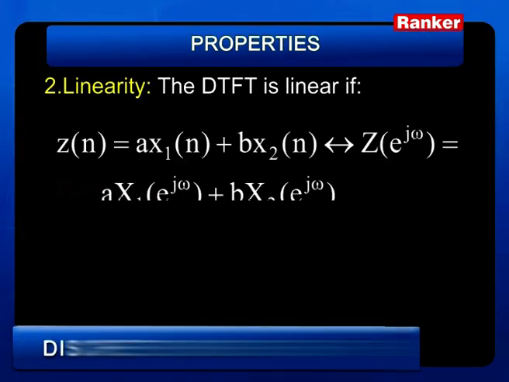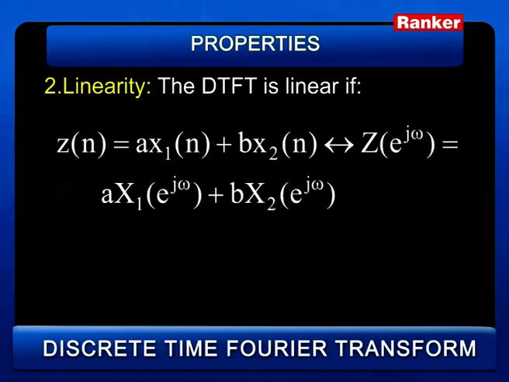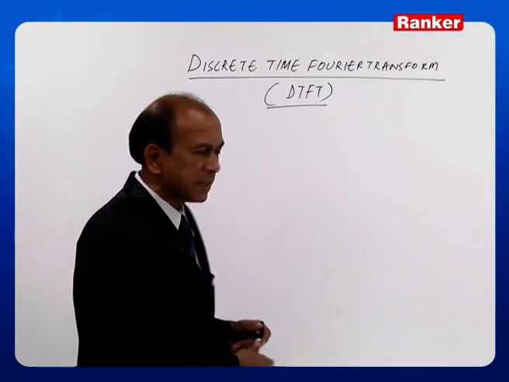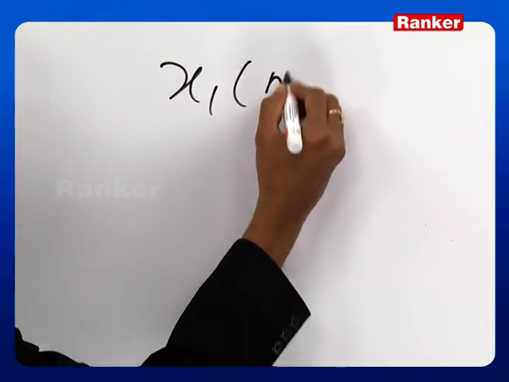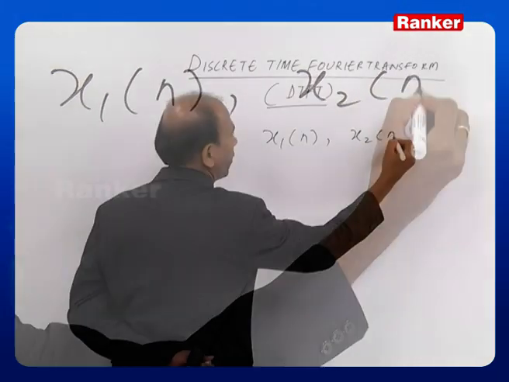The DTFT is linear. If z of n is equal to a x1 of n plus b x2 of n, it will have a DTFT Z of e to the power of j omega equal to a X1 of e to the power of j omega plus b X2 of e to the power of j omega. Let us see this linearity property. Let us take two signals, x1 of n and x2 of n.